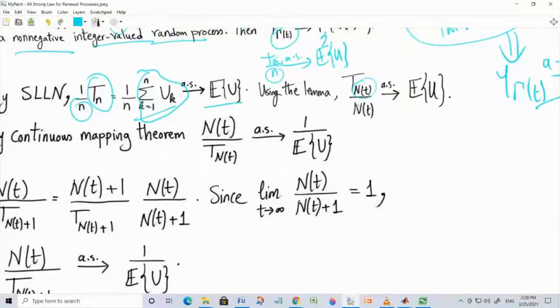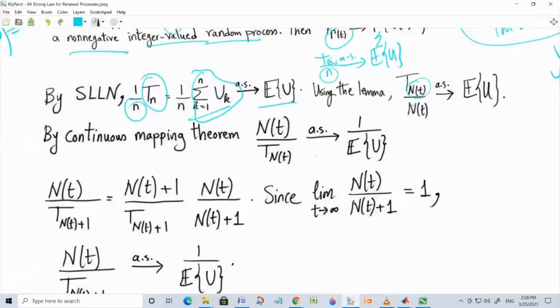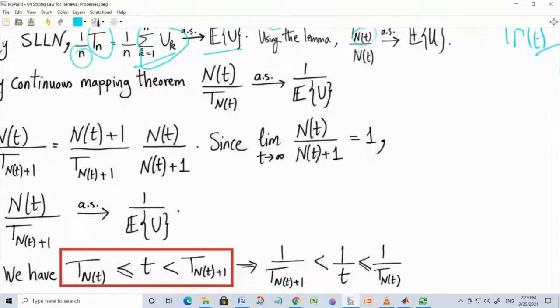So N of t over T_N(t) converges almost surely to 1 over the expected value of the inter-arrival time. And this is strictly positive because we are also assuming that U is greater than 0 with probability 1. This is something to keep in mind.